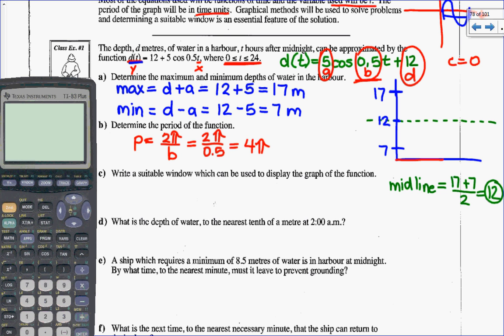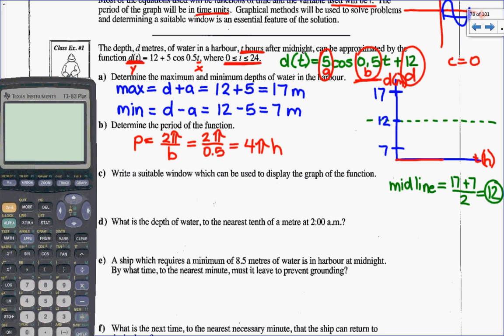One whole repeating period of this graph is 4 pi. Okay, so this is in hours, isn't it? It told us that our x was t, really, so this is time in hours, and our y-axis is really the depth in meters. So our period is 4 pi in hours.